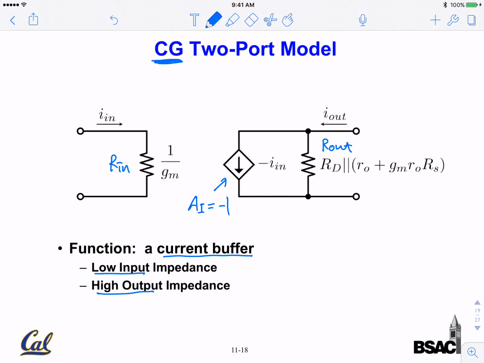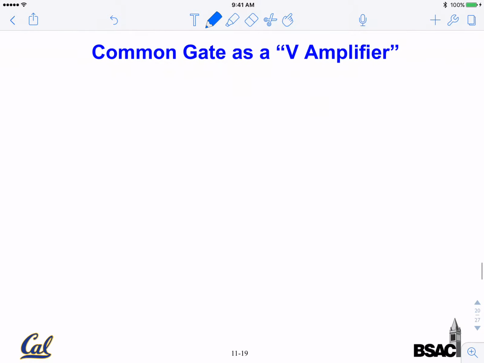Okay. So here's an open question. We have that common gate. If we use this common gate as a voltage amplifier, it has a voltage gain.